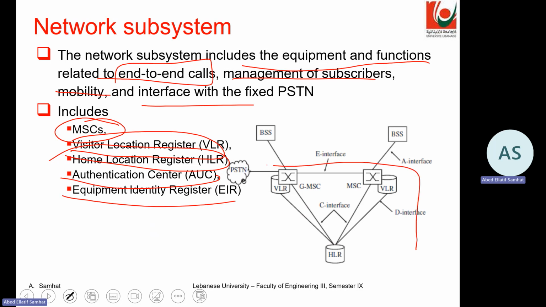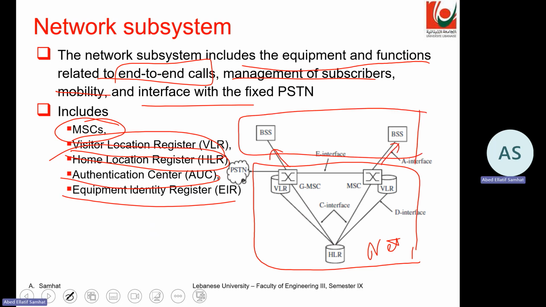Those are what we call the network subsystem, and we have a well-defined interface with the radio subsystem or the radio access network. And remember, this is the core network, and it communicates with the public switched telephone network because in GSM we have circuit switched mode.